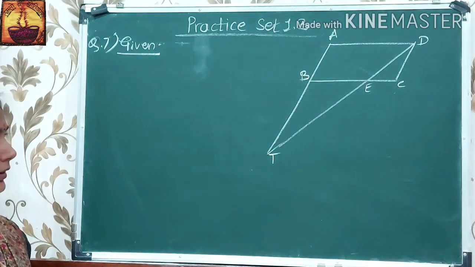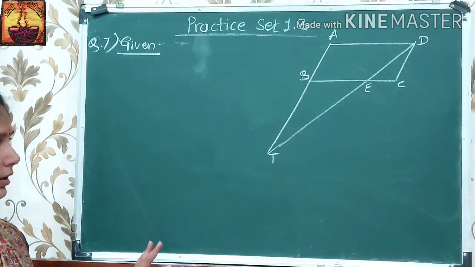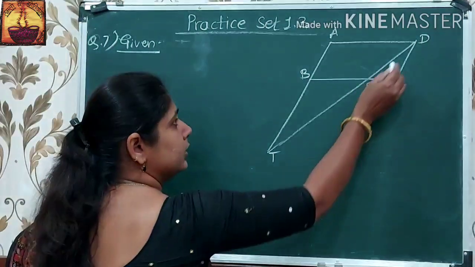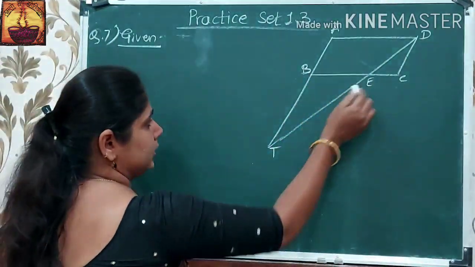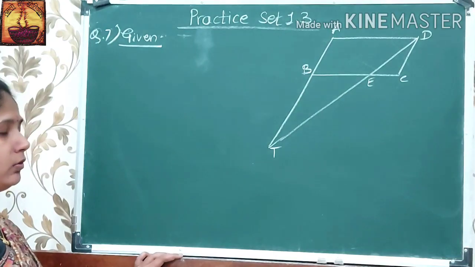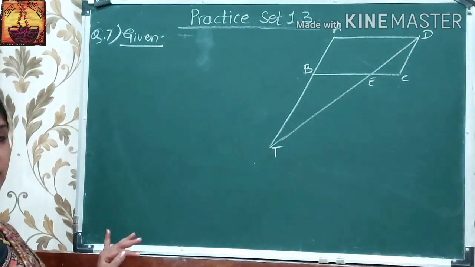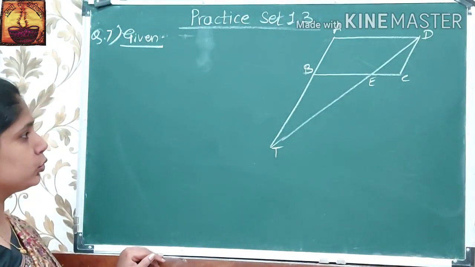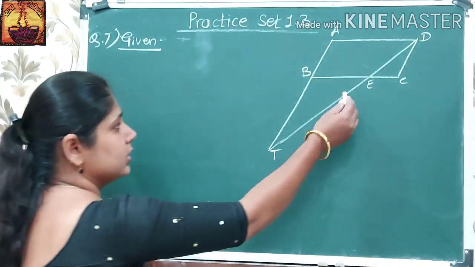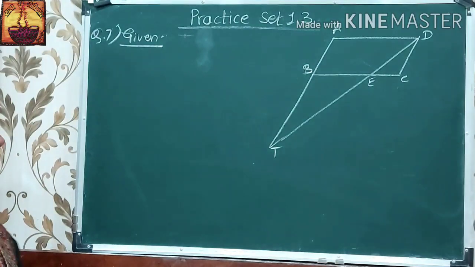If we observe the diagram, there are two triangles, triangle CED and triangle BET. If we prove that these two triangles are similar, then we can prove DE into BE is equal to CE into TE. Let us solve.